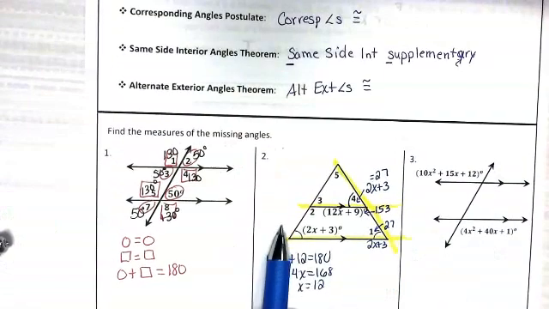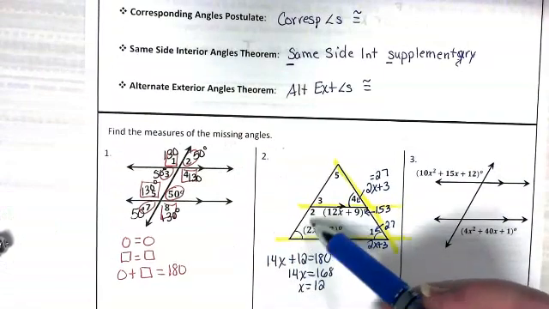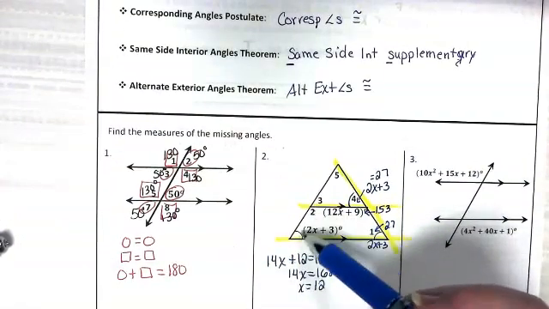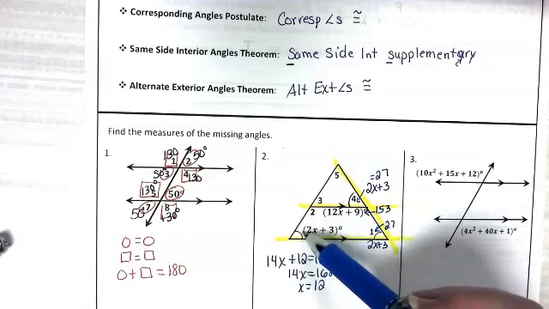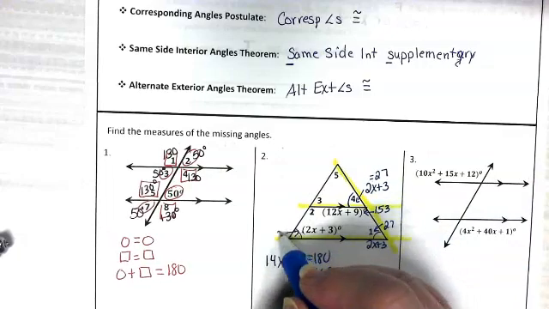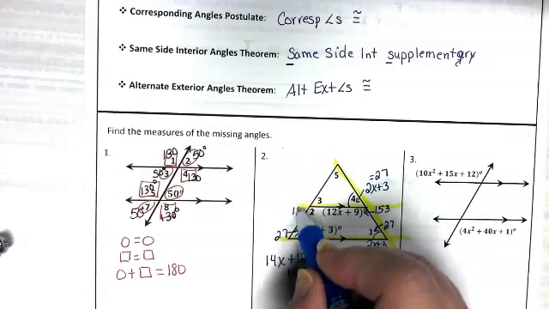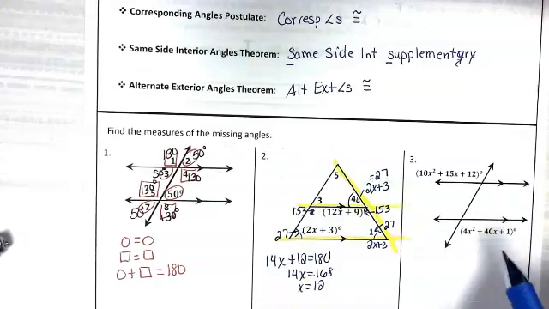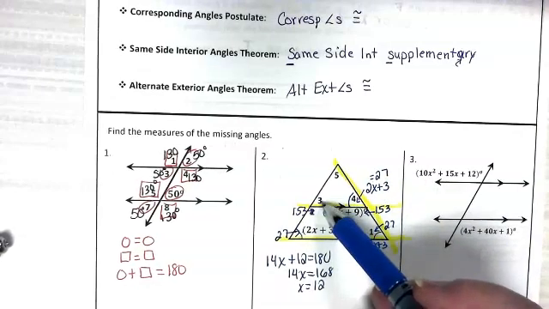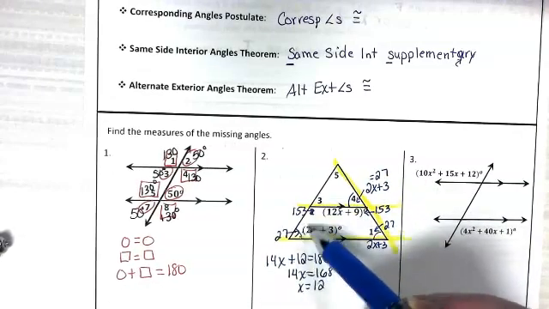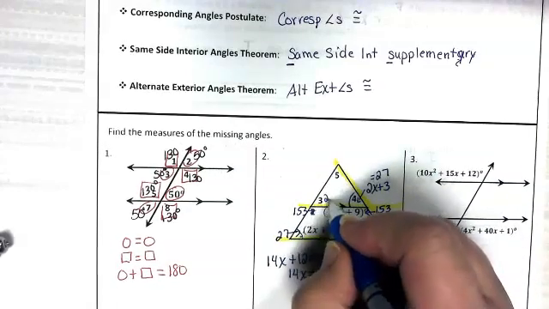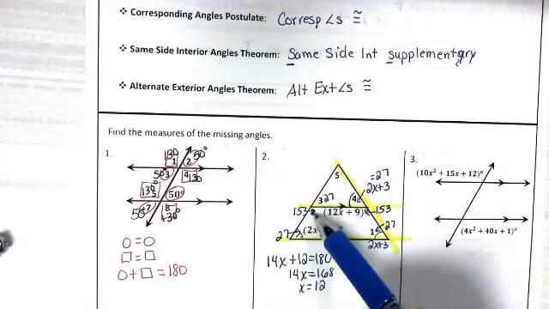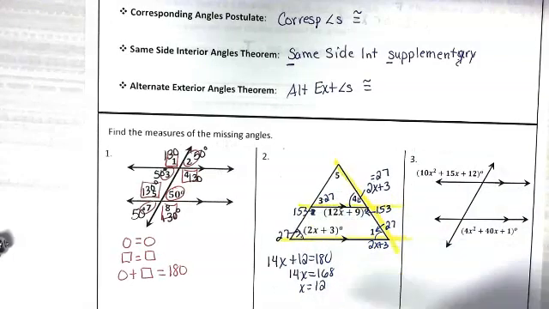So now if I come over here to this side, this angle and angle 2 would qualify as same side interior. So if this angle is 27, angle 2 must be 153. And then angle 3 and this angle down here are corresponding. So you could say angle 3 is 27. You could have also used the linear pair with angle 2 and angle 3 to get 153 and 27.